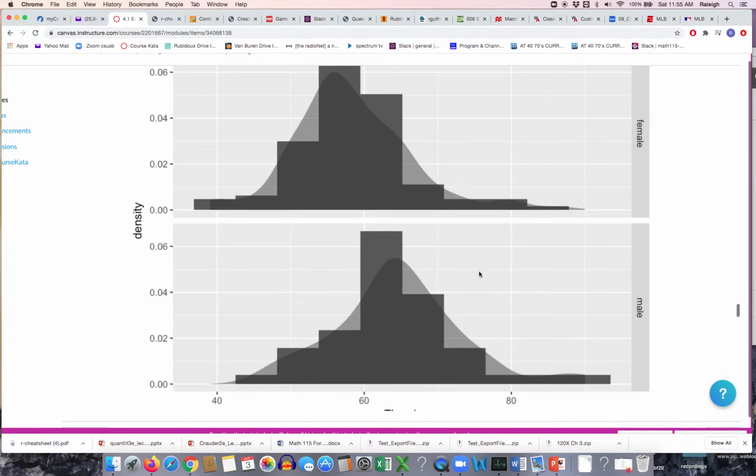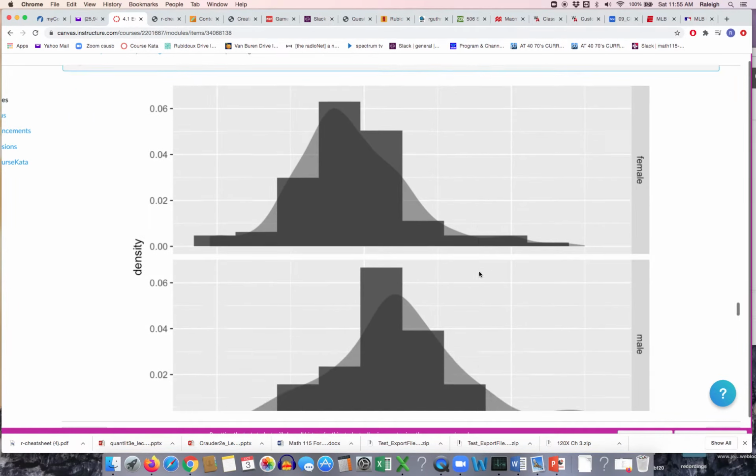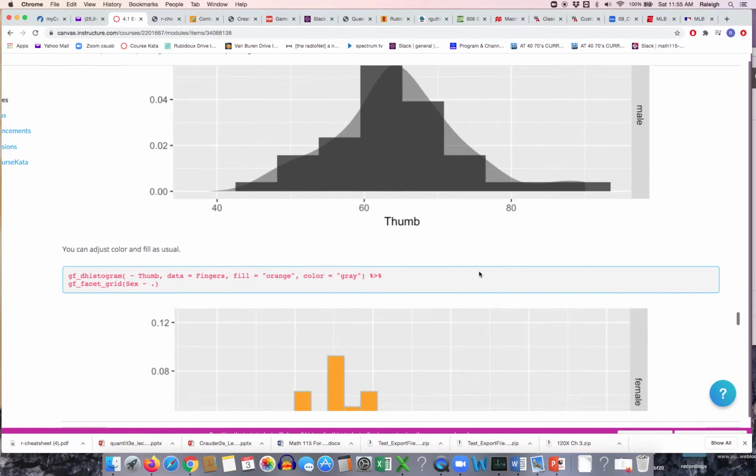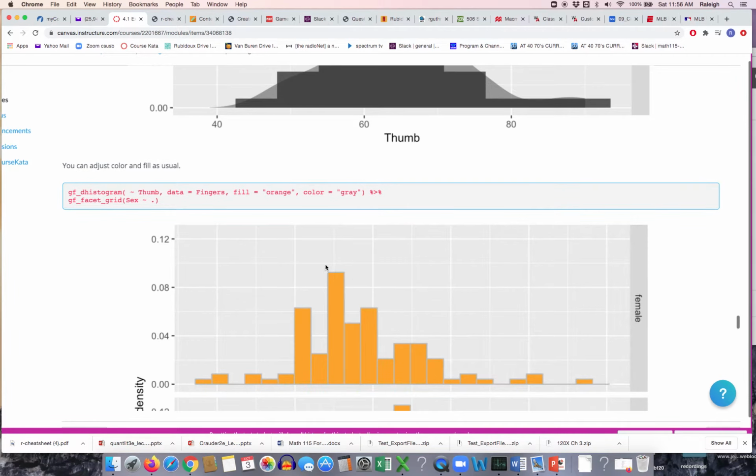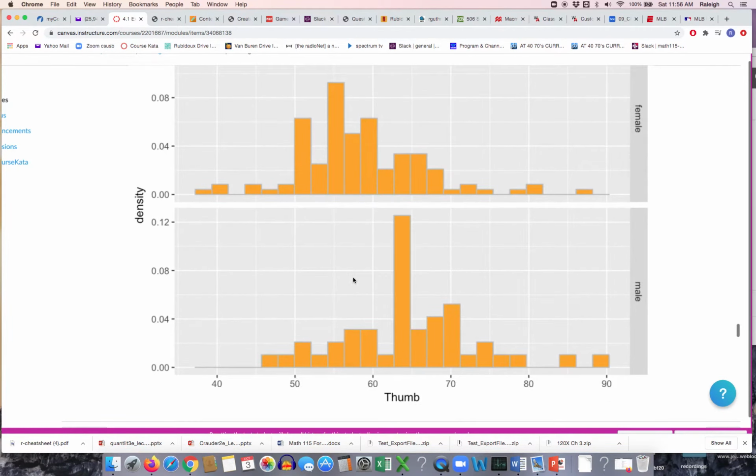Just in case you couldn't figure it out, the density command would help you with that. And you of course can adjust color and fill as usual. Here they picked to fill it with orange and color it with gray, so gray is the outside marking, and they did it by the sex, of course, and they did it with the density histogram, so we could kind of neutralize the sample size difference.